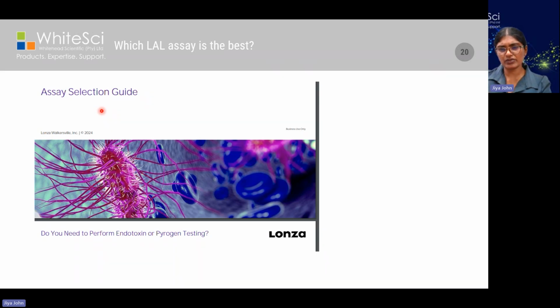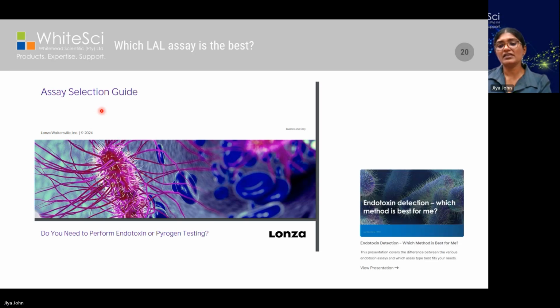I think we will distribute this document after the webinar where you can answer a few questions, and then it will direct you based on your answers to the right kit that you need with the right sensitivity. There's also a webinar that LONZA has done, which also talks about which method is best for me. So on the LONZA webpage, they have this webinar available once you have registered on their portal. So this is also something I would like to direct you guys to.